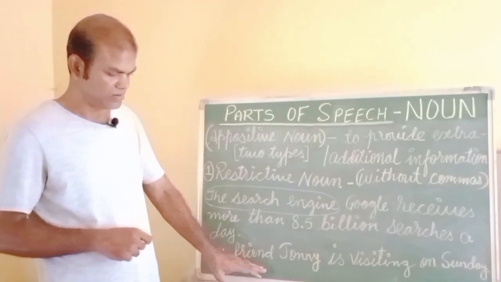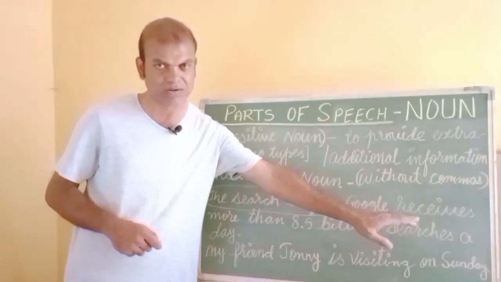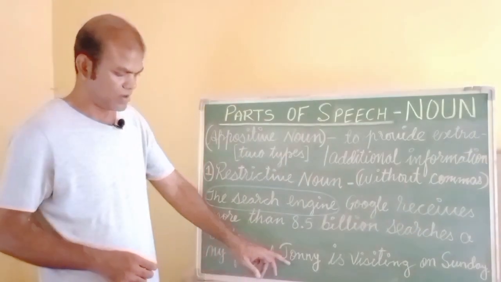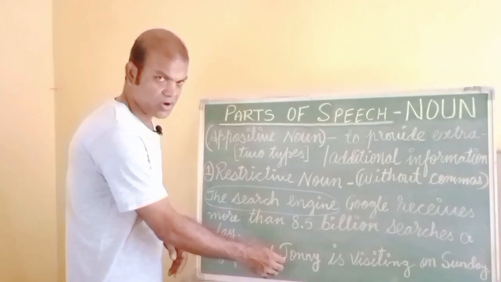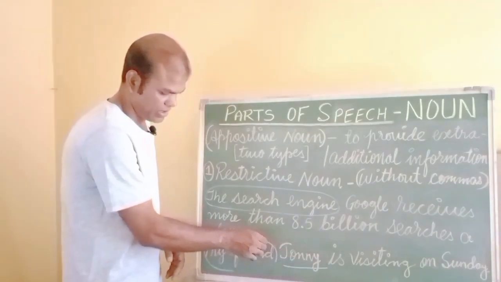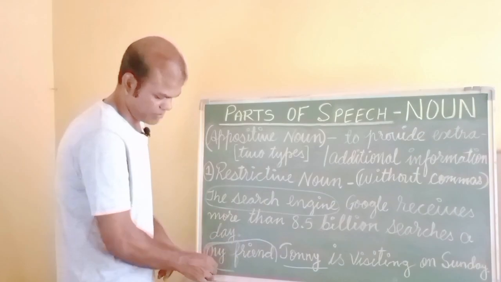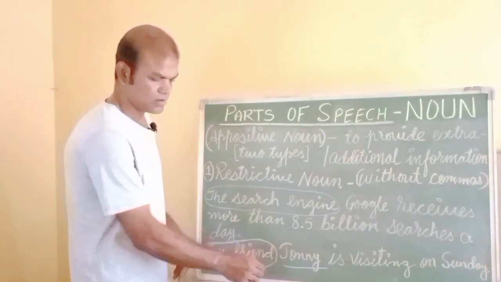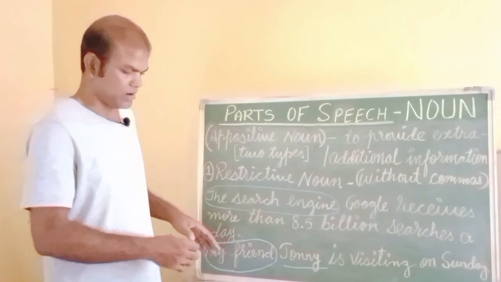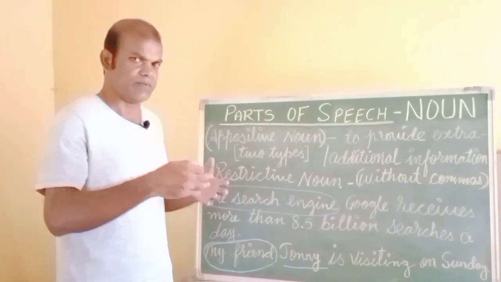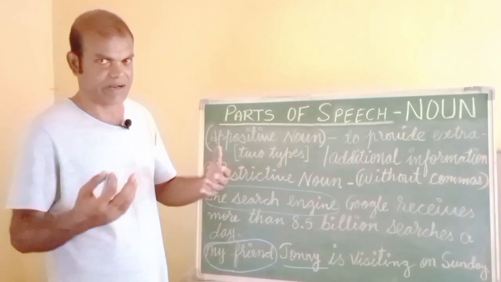My friend Johnny is visiting on Sunday. Okay, complete sentence, no problem. Now, in this sentence, Johnny is the appositive noun, and it is giving extra information about my friend. My friend. Now, say I have more than one friend, maybe 4, maybe 5, maybe 6 friends.